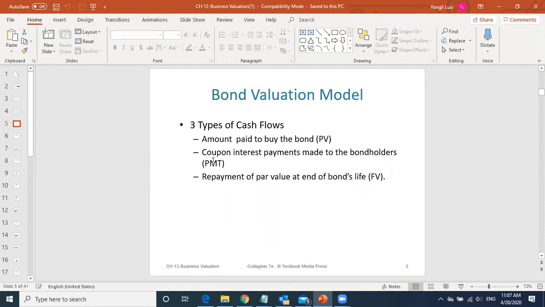You have the coupon interest payment made to the bondholders, and you have the repayment of par value at the end of the bond's life, which is the future value. So the cash flow includes present value, payment, and future value.